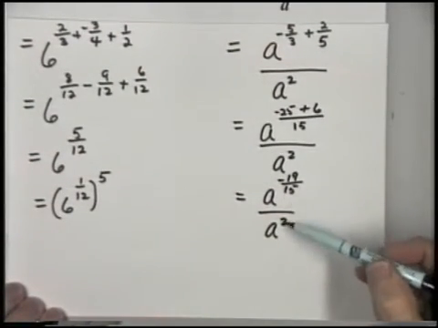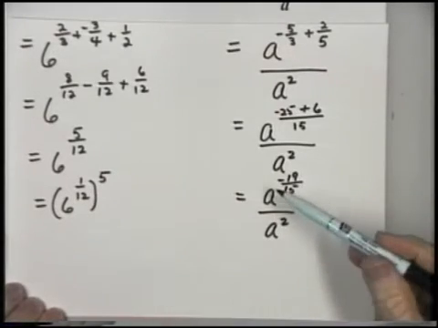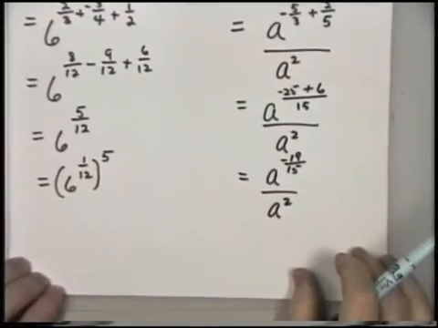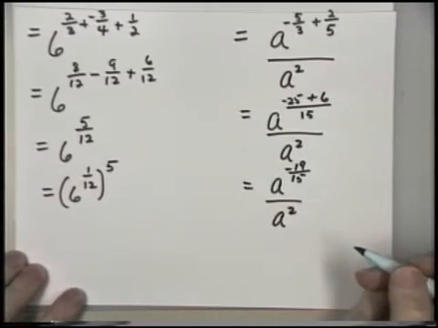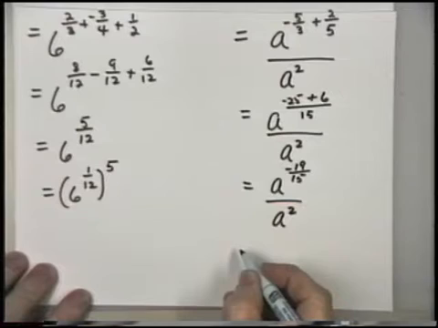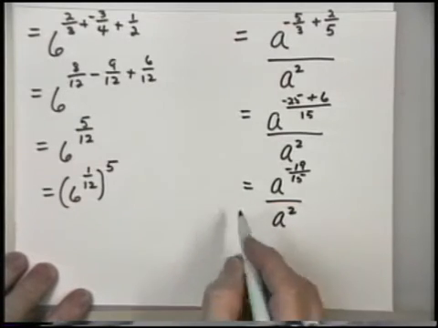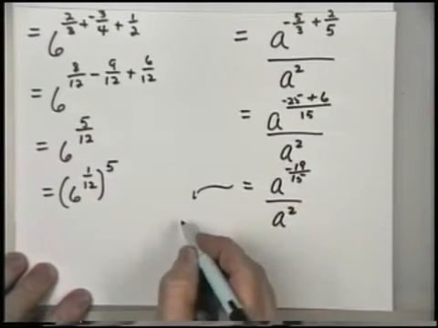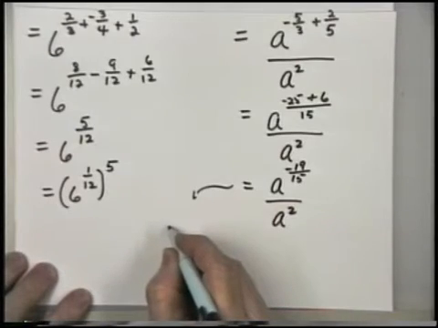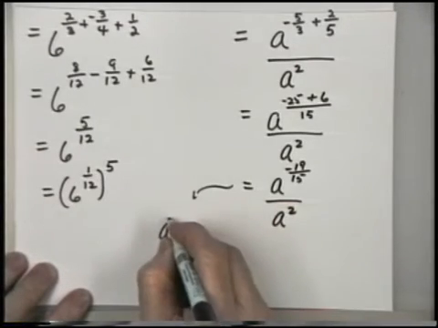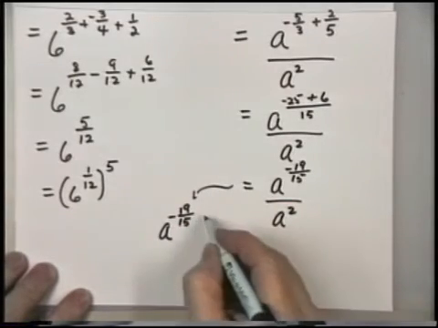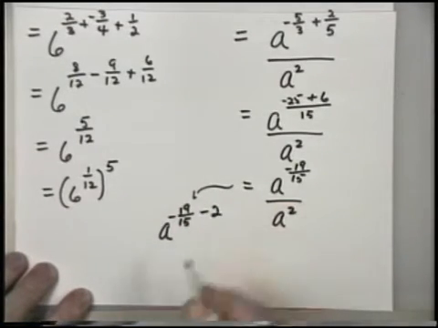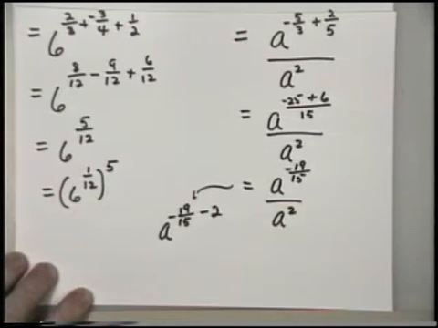And now we subtract, right? Those are 2 powers of a, so you subtract exponents in a situation like that. That would be a to the negative 19/15 minus 2.